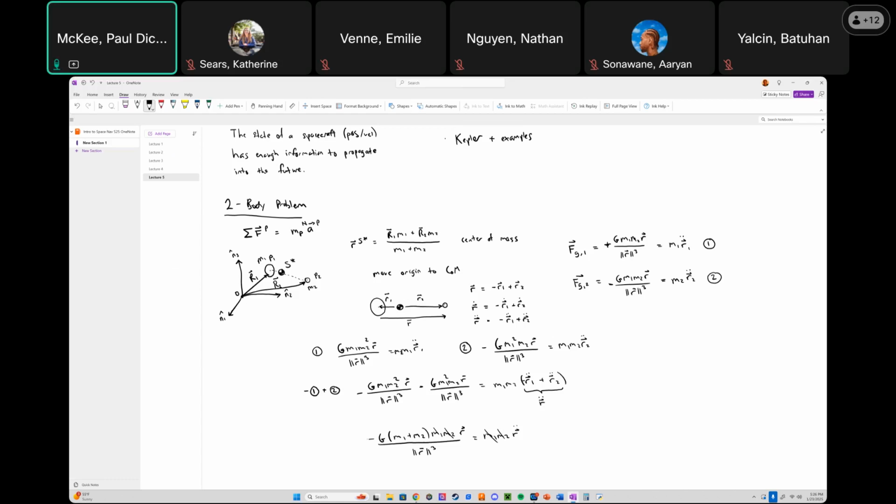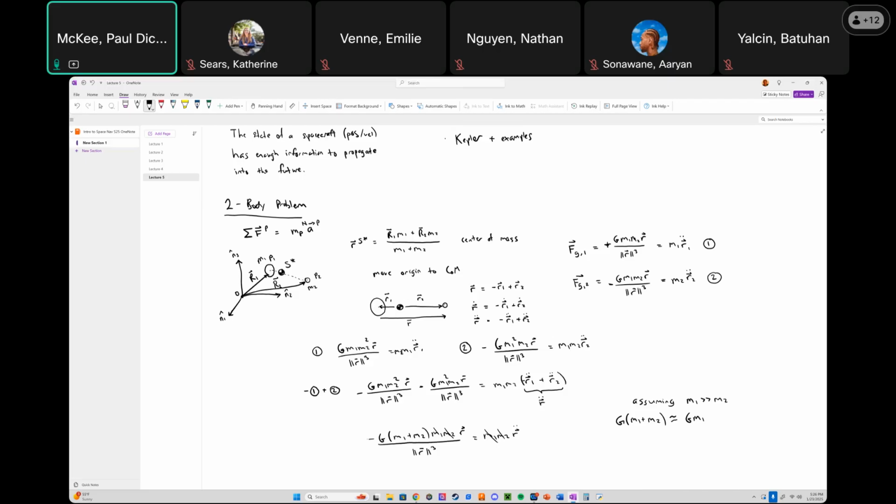Okay. And next we're going to introduce a new term. We're going to say G times m1 plus m2 is approximately equal to G m1. So this is assuming that m1 is much, much greater than m2, like orders of magnitude larger than m2.